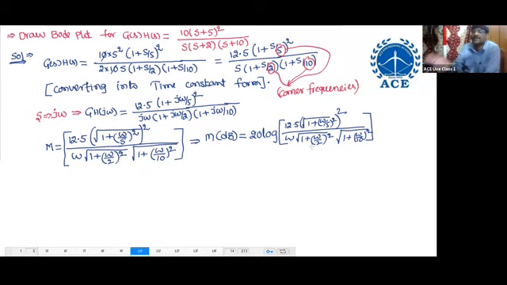To that value, apply 20 log, and you will get the answer at the required frequency.